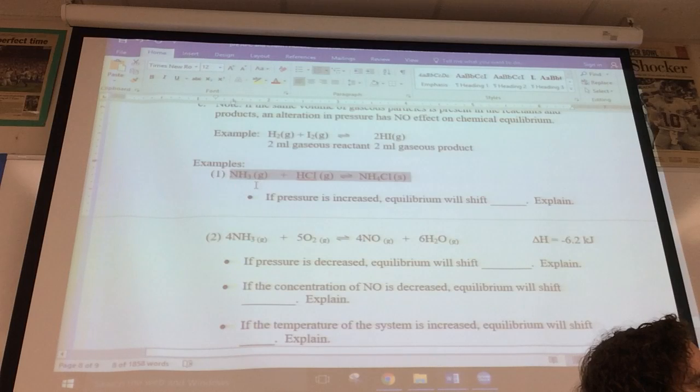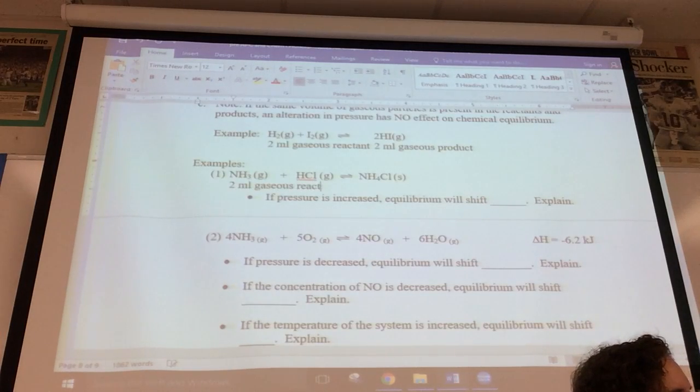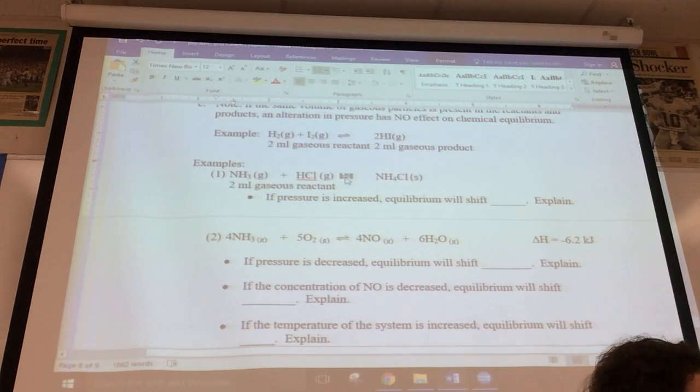If, however, you look at this example here, this one's a little bit tricky. What is the volume of gaseous reactant? You have 2 mils of gaseous reactant. And what is the volume of gaseous product? 0, because that's a solid.